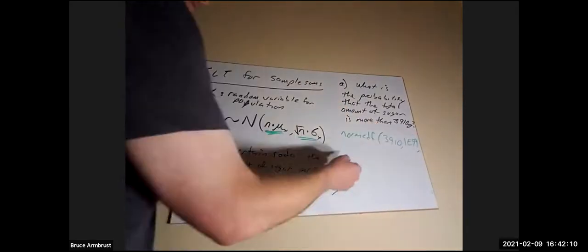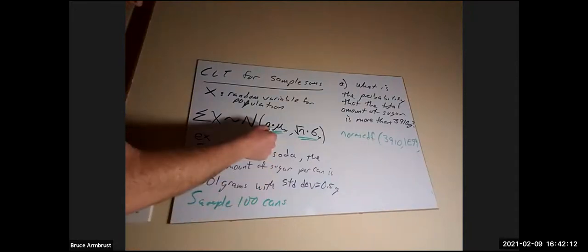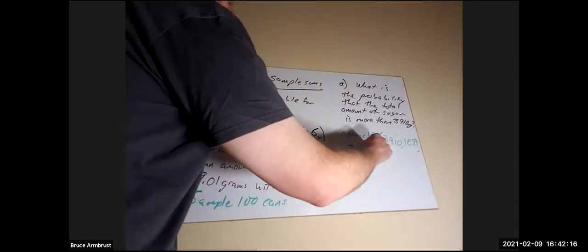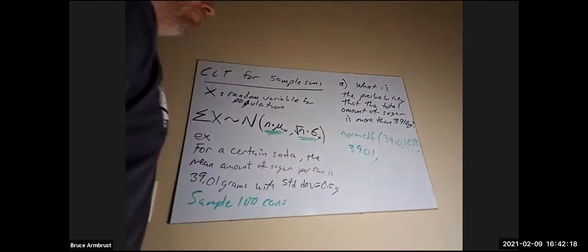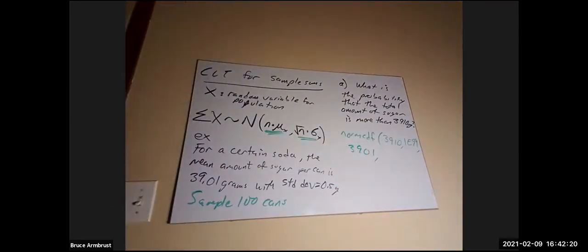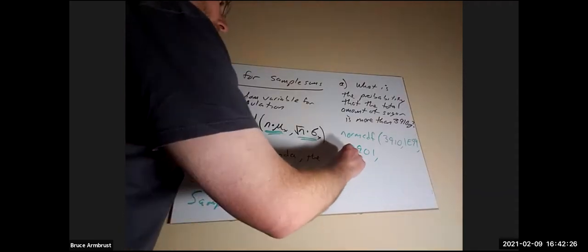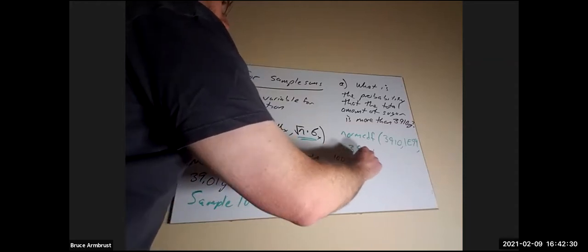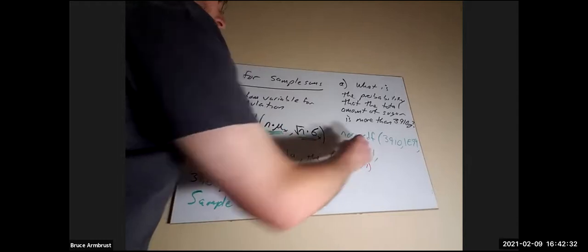Okay, so then our mean value is going to be 100 times 39.01. So that'll be 3901. Again, where that came from was doing 100 times 39.01.